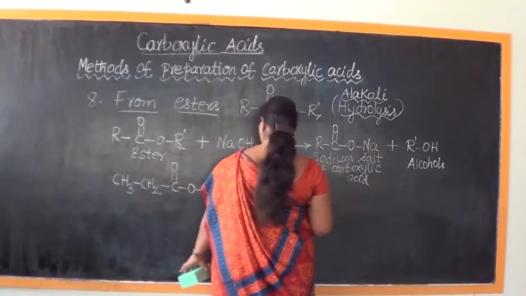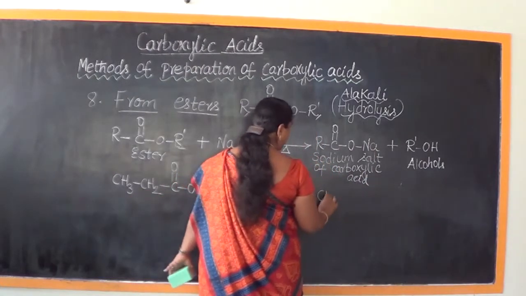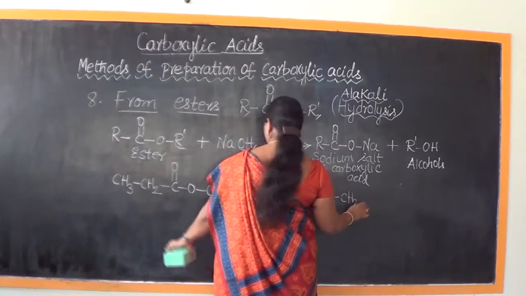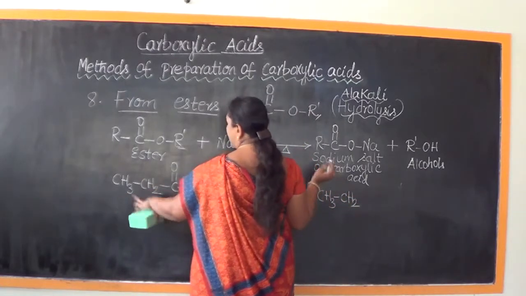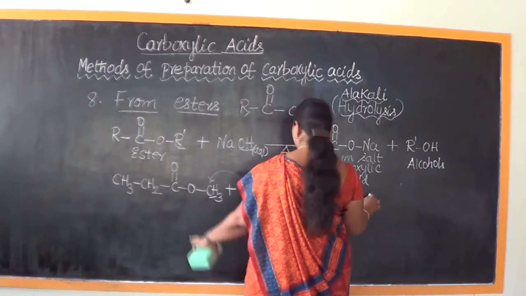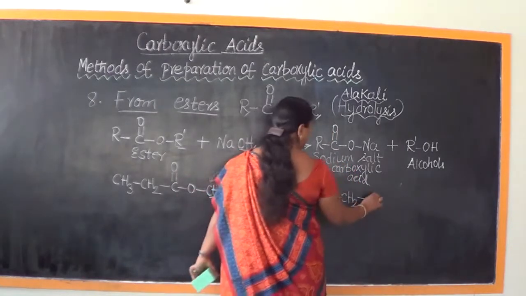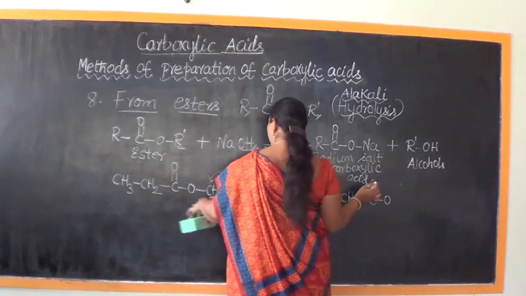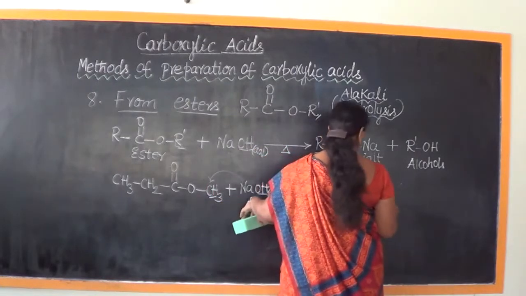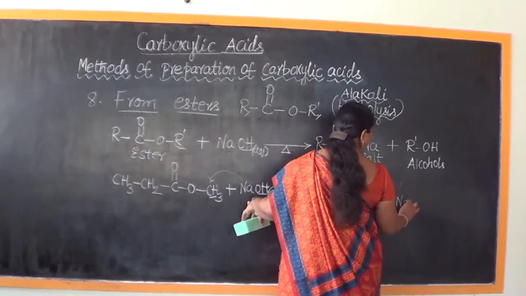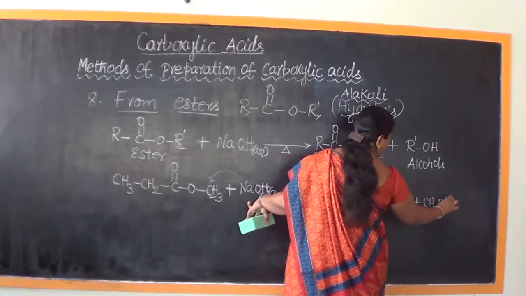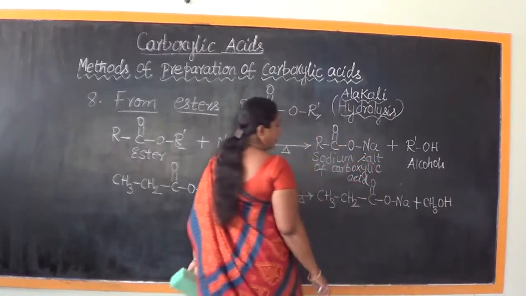Now this entire constituent of ethyl, CH3CH2, either you can write like this or directly as C2H5. Then C linked with a double bond O and a single bond O, and instead of CH3 it is going to be Na, plus what else? CH3OH.